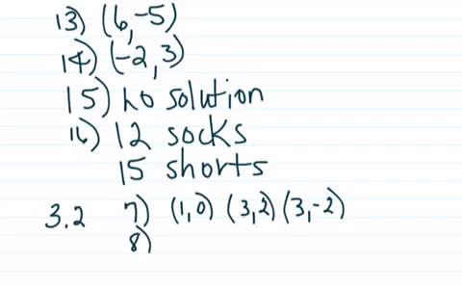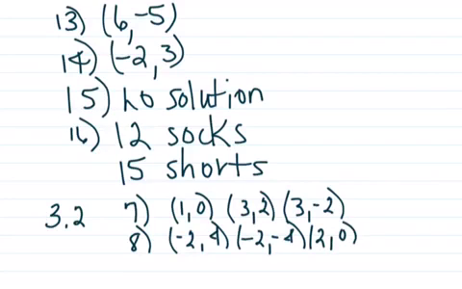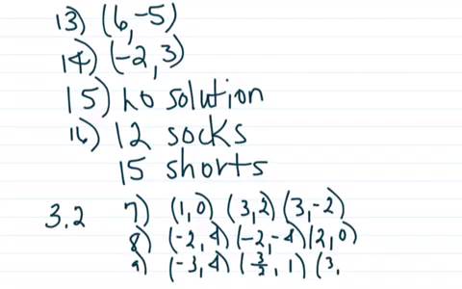Number 8 is negative 2, 4, negative 2, negative 4, and 2, 0. And number 9 is negative 3, 4, 3/2, or you may have 1.5, 1, and 3, 4.